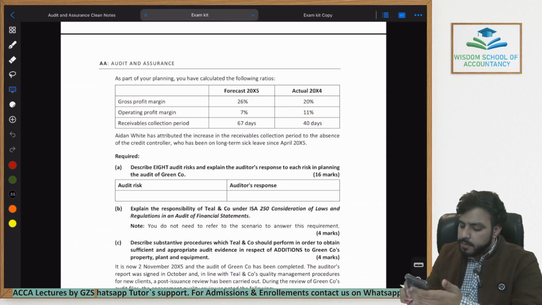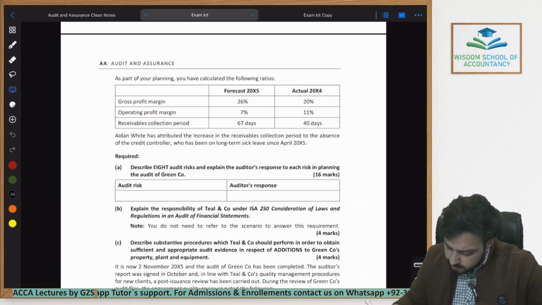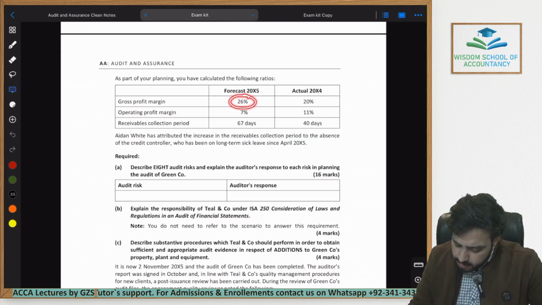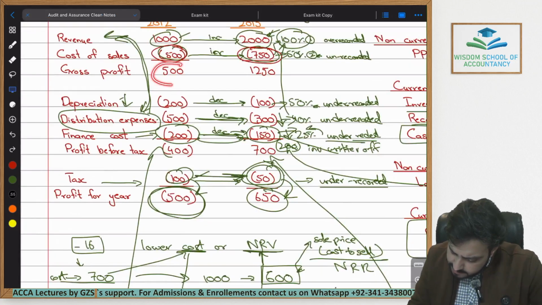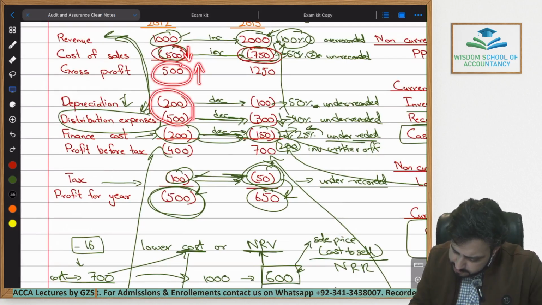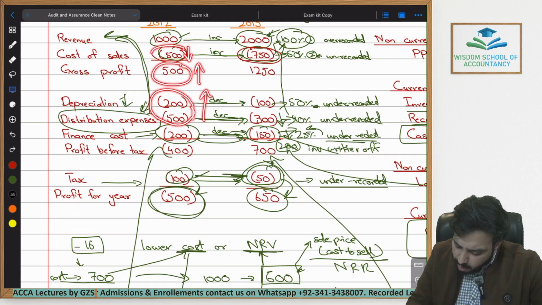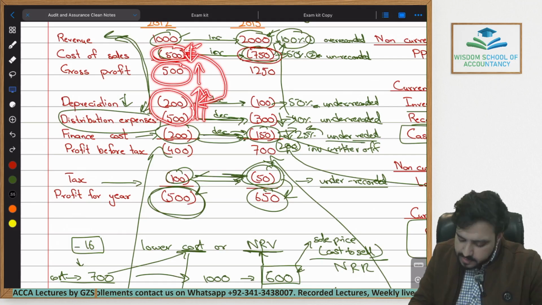Because if we see that on one side this is increasing, on the other side these expenses are increasing, this means that some of these expenses which should have been written here might have been recorded here by the company, because of which these expenses are increasing more, whereas the cost of sales is decreasing.